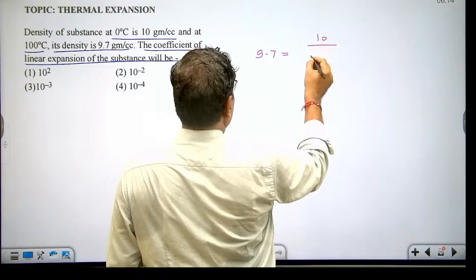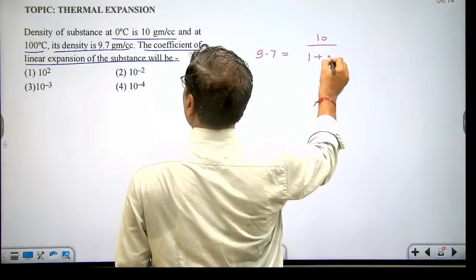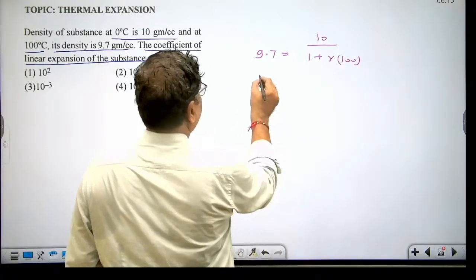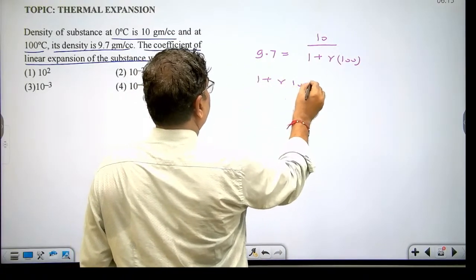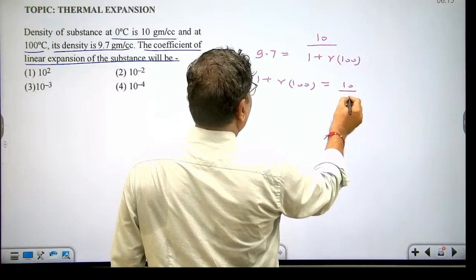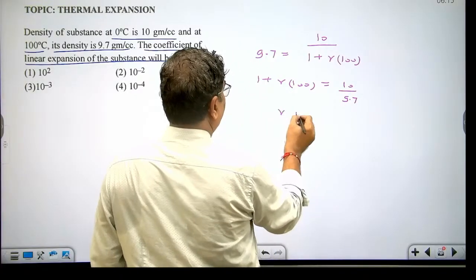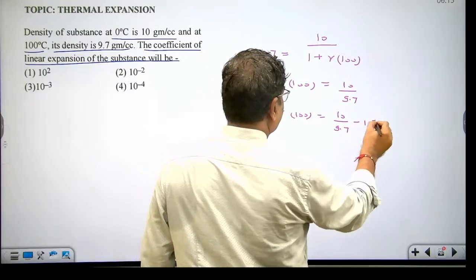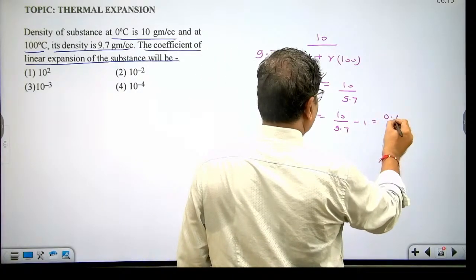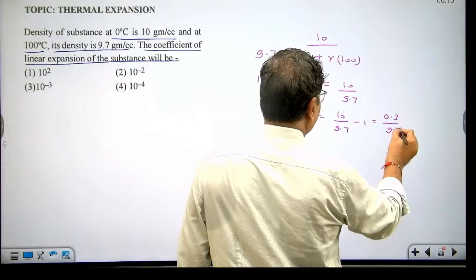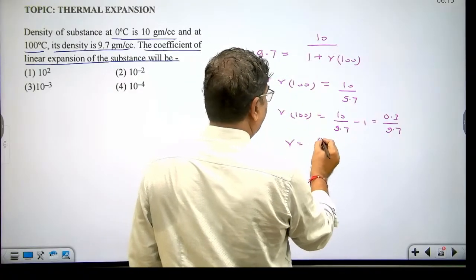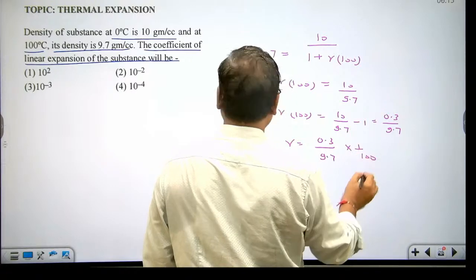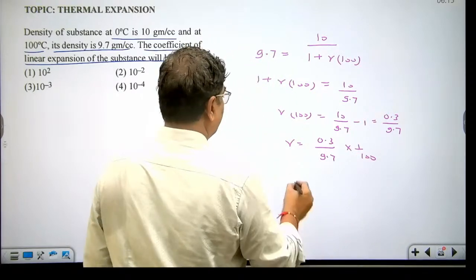Density at theta equals density at 0 upon 1 plus gamma delta theta. If we solve this equation, we will get 1 plus gamma delta theta equals 10 upon 9.7. So gamma into 100 will be equal to 10 upon 9.7 minus 1. This will give 10 minus 9.7, that is 0.3 upon 9.7. So gamma will be equal to 0.3 upon 9.7 into 1 upon 100. So what is alpha?